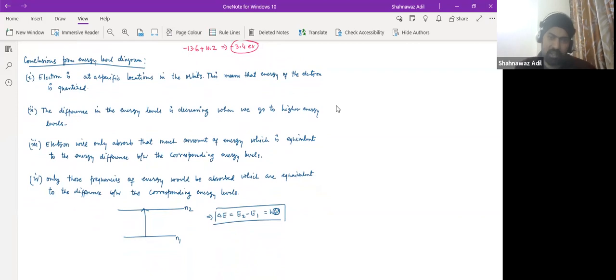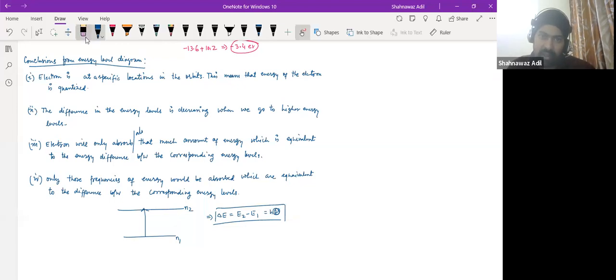And so energy will only be absorbed, the electron will only absorb, and you can also write atom. You can also write the emission, right?